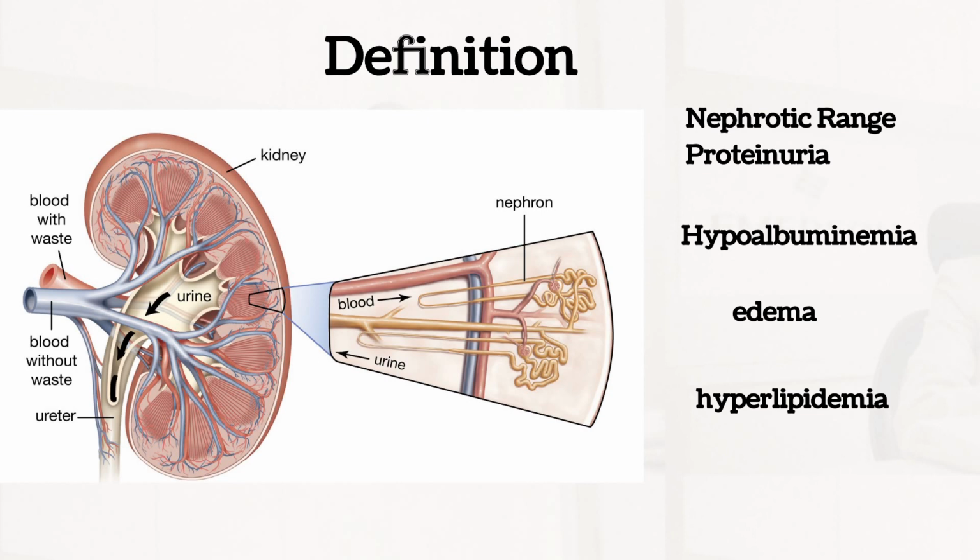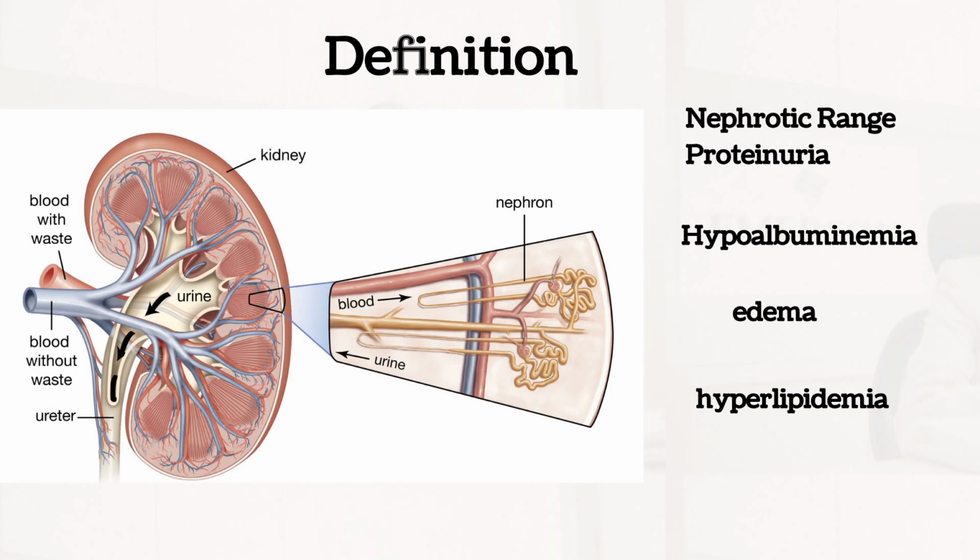For the heavy proteinuria, we can say it's more than 40 milligrams per square meter per hour. We can say a urine protein creatinine ratio of more than 2.0 milligrams per millimole, or more than 200 milligrams per millimole.